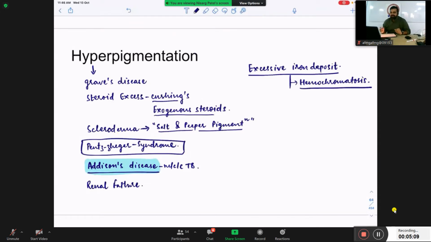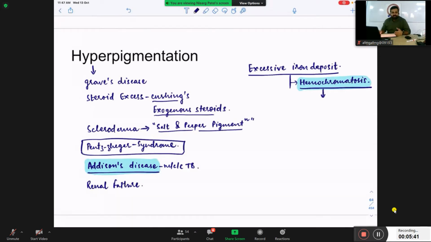So that is why, up to the age of 50 until menopause, you will not see females suffering from hemochromatosis. So what is the actual treatment? Venesection, phlebotomy. And if iron deposition is there, what is the iron chelating agent? Deferoxamine.